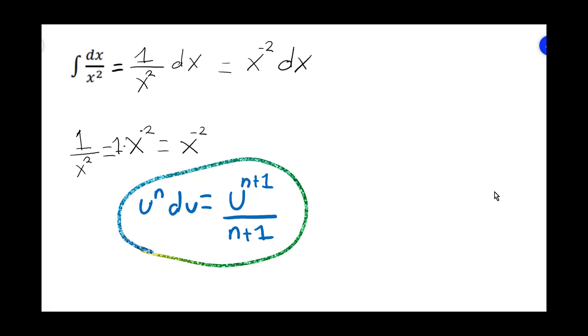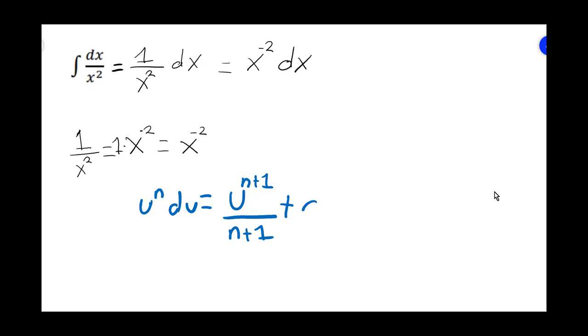Anyway, we're going to use this over here, and we just need to add the constant there. In every integration we need to add this c, because it means that there could be more constants in the result.